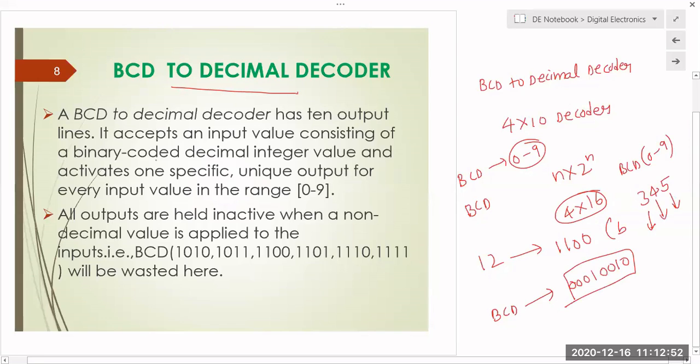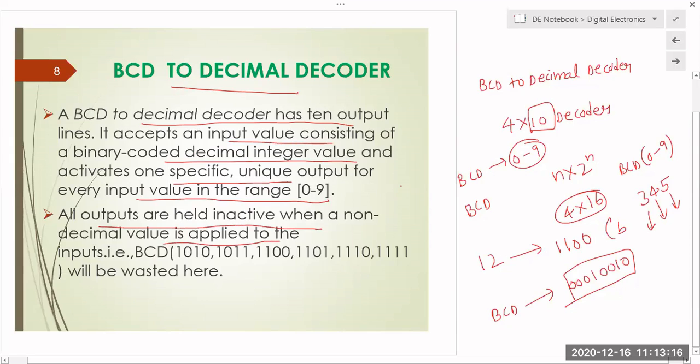That is why the BCD to decimal decoder has 10 output lines. It accepts an input value consisting of a binary coded decimal integer and activates one specific unique output for every input value in the range 0 to 9. All outputs are held inactive when a non-decimal value is applied to the inputs.